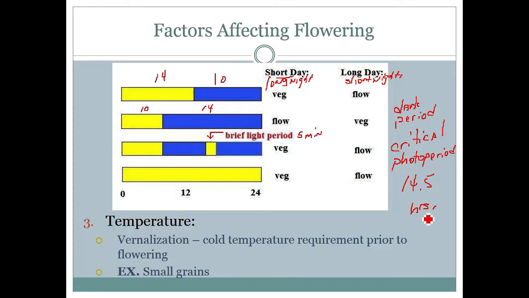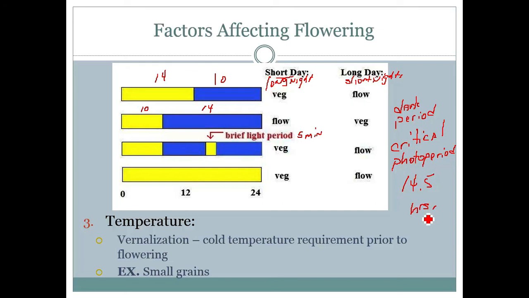Even though it's a short day plant, you've still got a 14-hour day. It's a longer day period than it is dark period. But because 14.5 hours is the critical photoperiod, then a 14-hour day is going to make it flower. Anything shorter than 14.5 hours day length is going to make it flower.